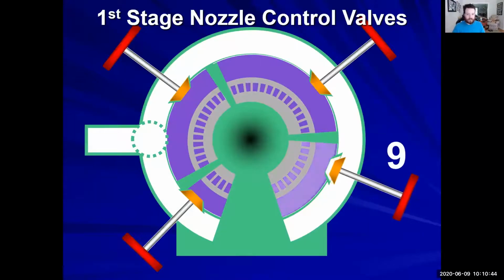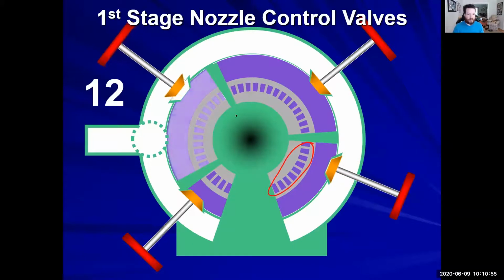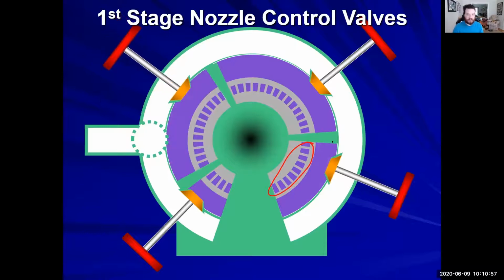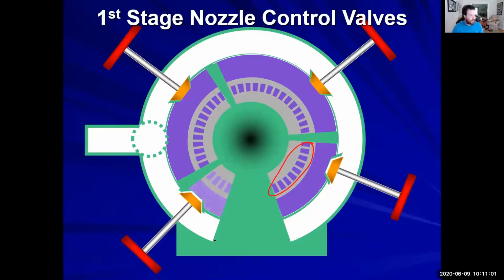So, like I said, this whole area is your steam chest. Now, 9 correlates to 9 nozzles, just like how 12 will correlate to 12 nozzles. If you want to go at different RPMs, you open up a different number of nozzles.